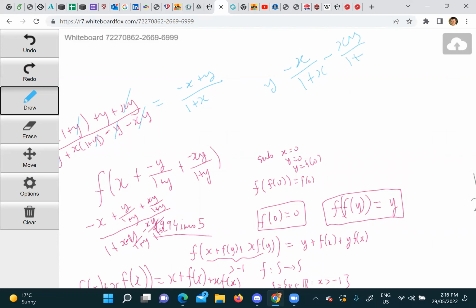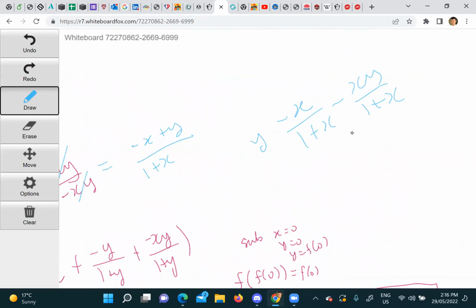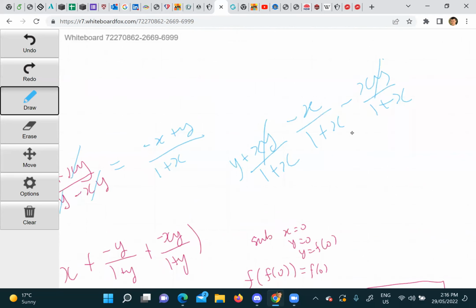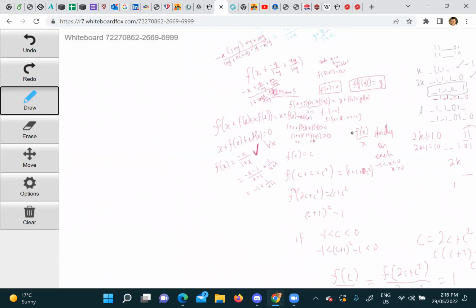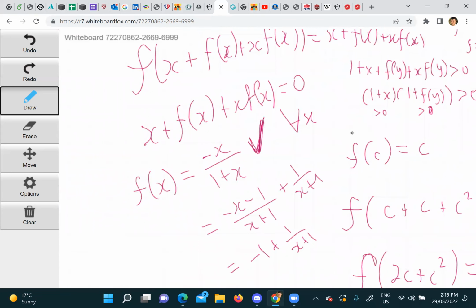And the xy is cancelled. There's an equal amount of terms on each side. Wow, that's a good observation.